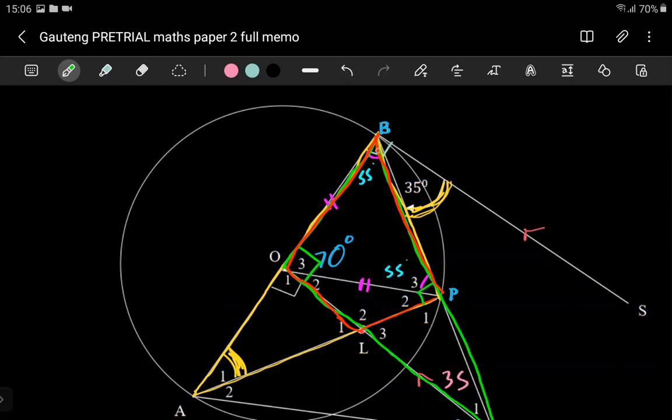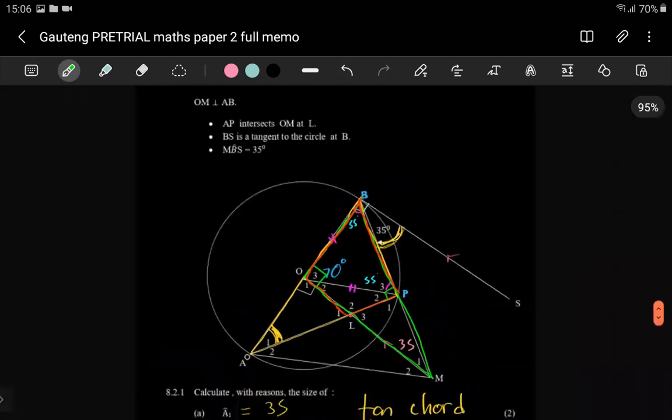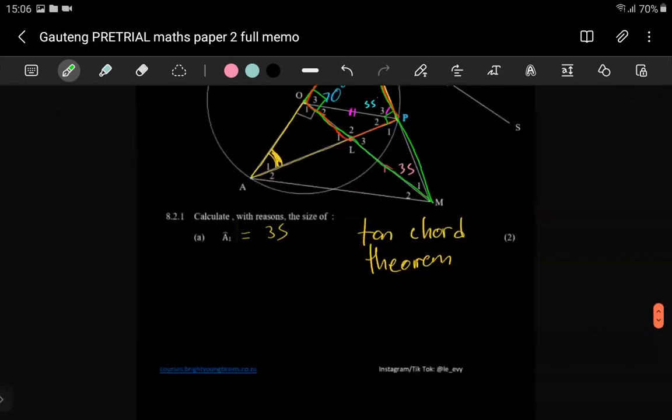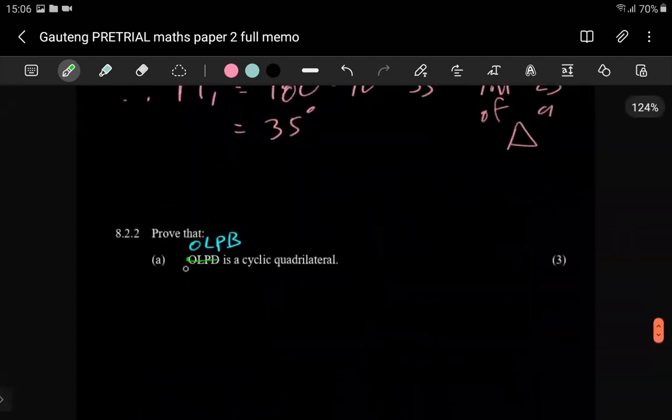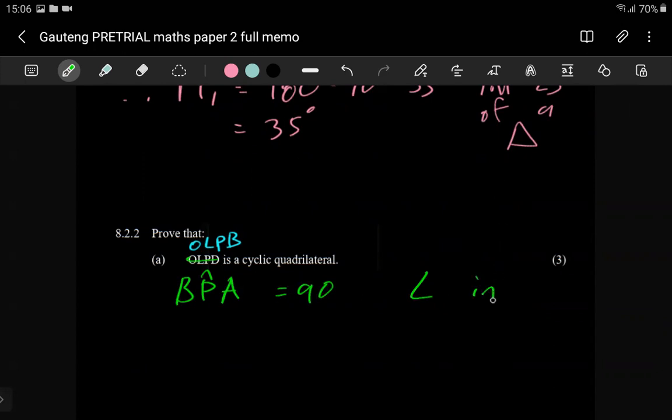Let's tell them that we know BPA is 90 because it's an angle in a semicircle, subtended by the diameter of the circle. So BPA is 90 degrees. The reason is angle in semicircle.